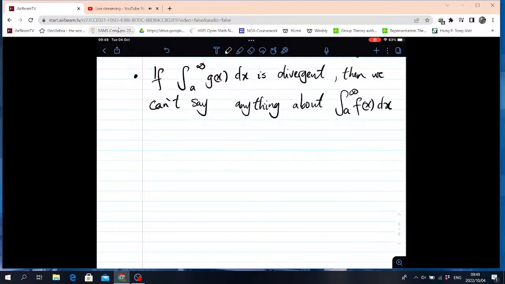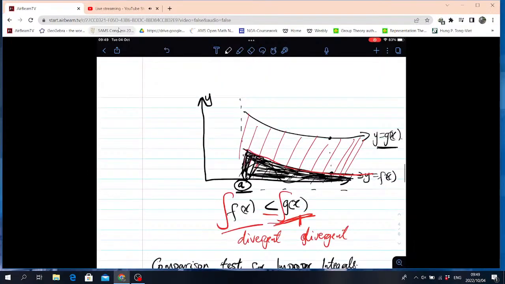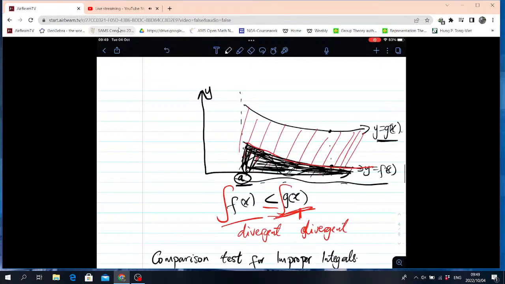So let me look at the chart. The question is, if f of x is convergent on minus infinity to a. All right, so you are talking of a scenario where we are not looking at something like this. This can be replicated to the other side here, right? If you've got g of x on top and your f of x at the bottom, then you can say the same things that we have just said.